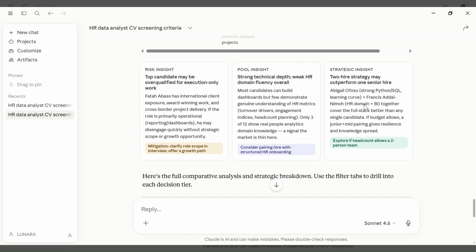So you realize that in the recommendation, we have Abigail and Francis being paired together for a full stack role rather than a single candidate. That's only if your budget allows.